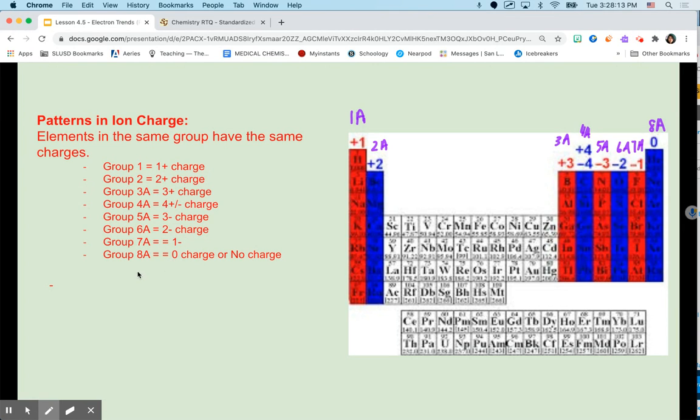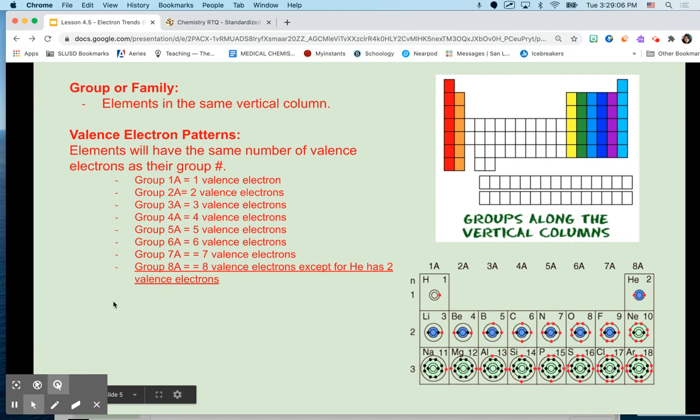So you might wonder, why does group 8A not have any charge? Well, if you think back to the previous slide, remember that in group 8A, we have 8 valence electrons, right? And the goal of elements becoming ions is to get a full ring or full shell of electrons. And if we look at group 8A, they all have 8 electrons, or a full ring or shell already.